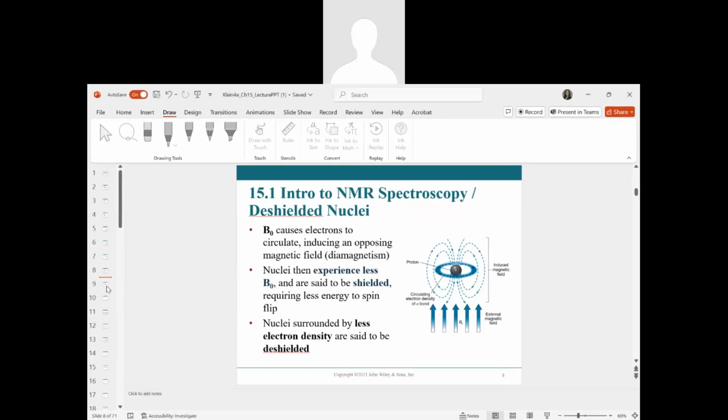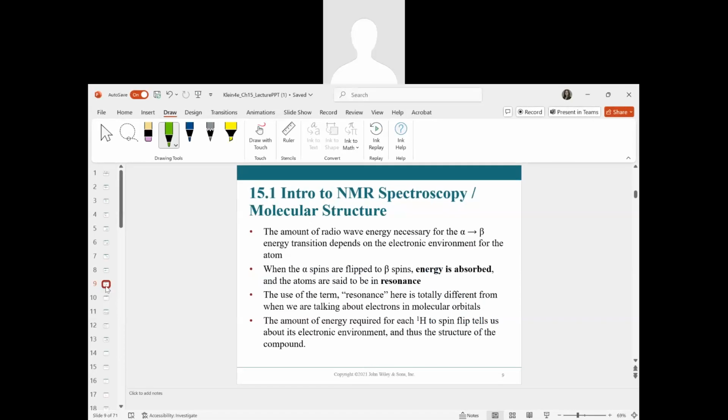So we're going to utilize that knowledge and create this resonance type of environment. We can see again, our alpha spin is flipped to a beta spin when that exact amount of energy is absorbed, and then they create this type of resonance when they change from one state to another.